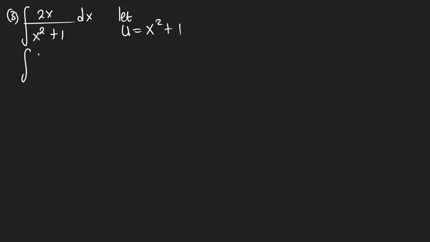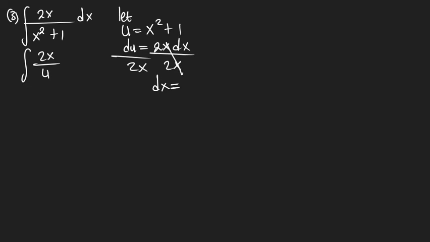Okay, so this is going to be 2x over u. Then of course you can say your du is going to equal 2x dx, then over 2x all over by 2x. Then of course your dx is going to equal your du over 2x. So what is our dx here, we can replace with du over 2x. This and that can cancel. Then you're going to have 1 over u du.